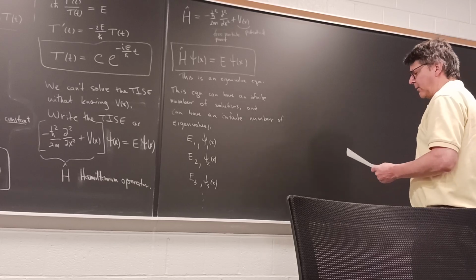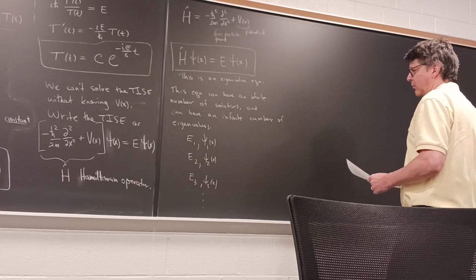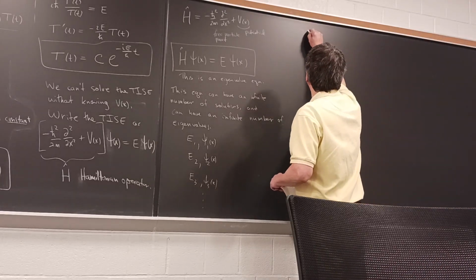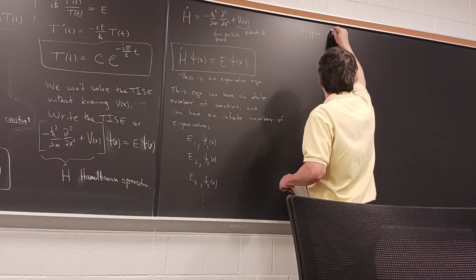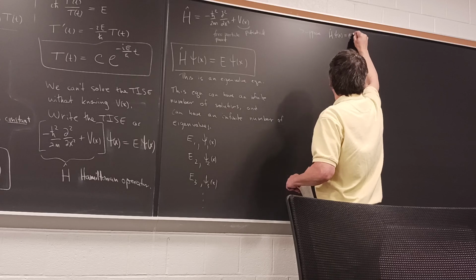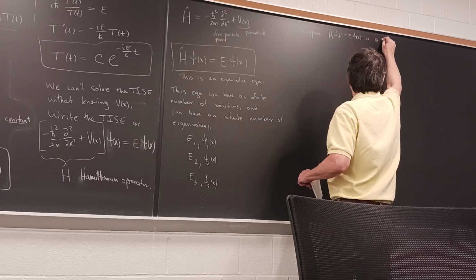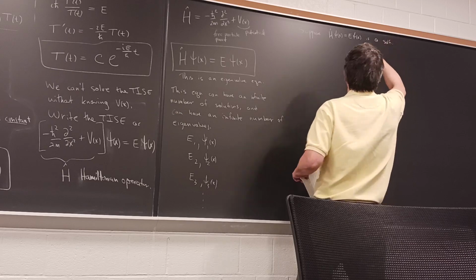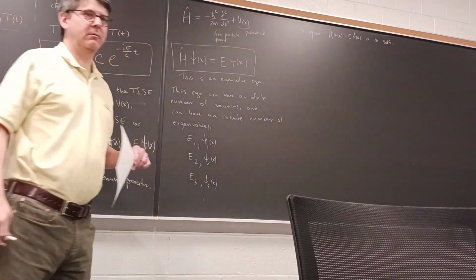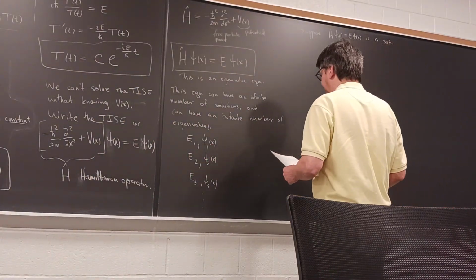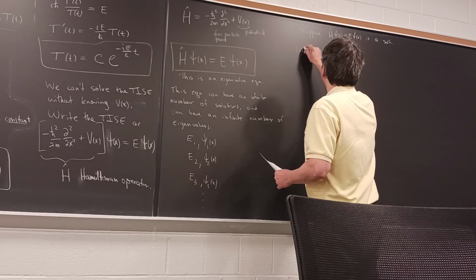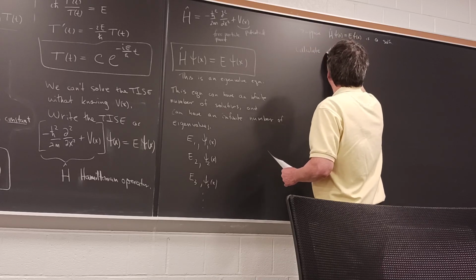Okay, but now let's suppose that this is a solution to the problem. So the function is psi and E is the eigenvalue. Then let's calculate the expectation value of the Hamiltonian in the wave function psi.